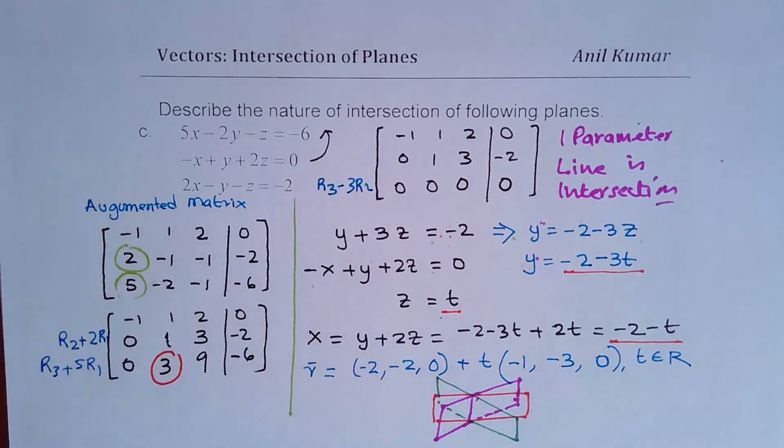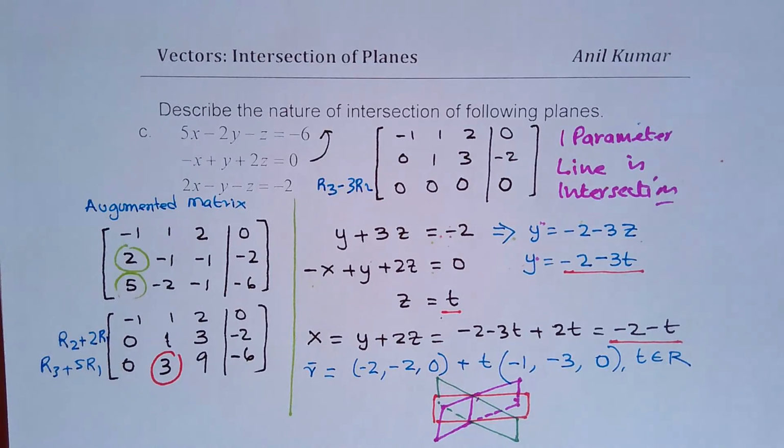Is that clear? So that becomes the line of intersection of these three planes. So I hope with this you understand how to use augmented matrix to solve simultaneously the three equations of the planes and the solution. So this is a consistent set of equations where the planes intersect in the given line.